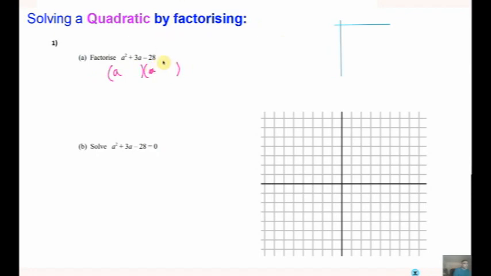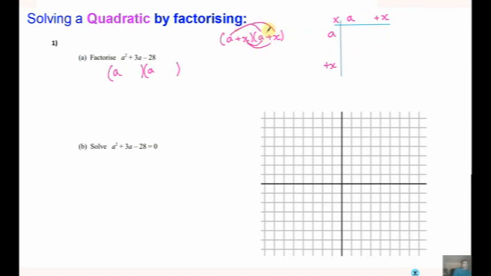Now to work that out, the first thing I want to do is think about what happens in the expanded format, not factorized. So if I have a plus something, I'm going to say plus x there, times a plus something. If I multiply these two together, there are 4 calculations, and you should know from expanding brackets that you can do this by multiplying the first number by both of those and the second one by both of those.